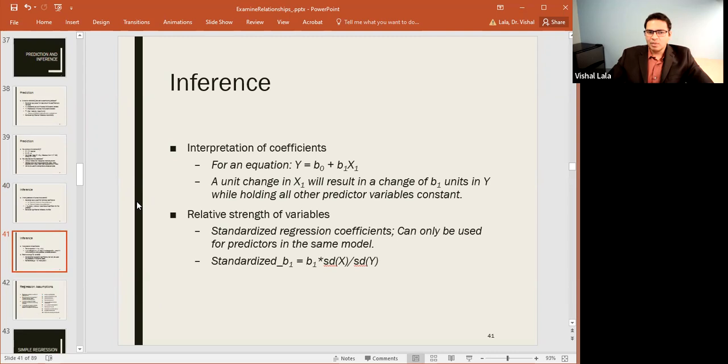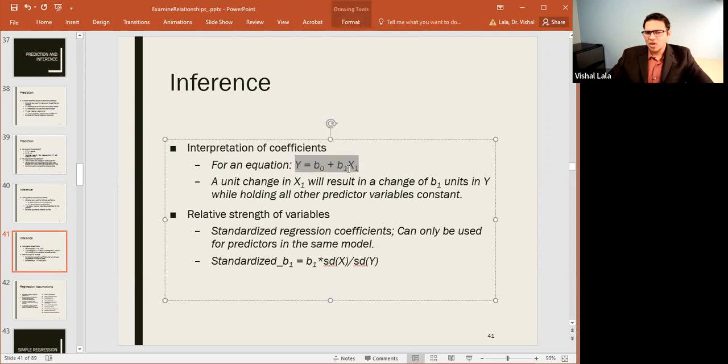Furthermore, one might want to understand how to interpret a coefficient. If your equation looks like y equal to b0 plus b1 x1, what does b1 mean? Well, what b1 means is the following. If x1 changes by 1 unit, y will change by b1 units, holding all other variables constant. That's the interpretation of the regression coefficient, or b1 in this case.